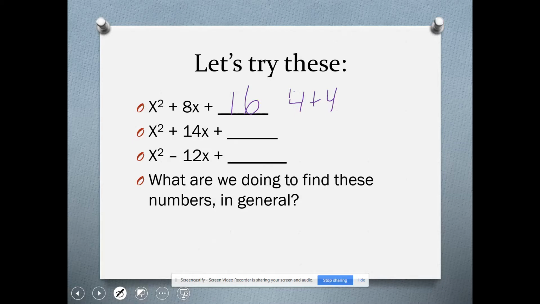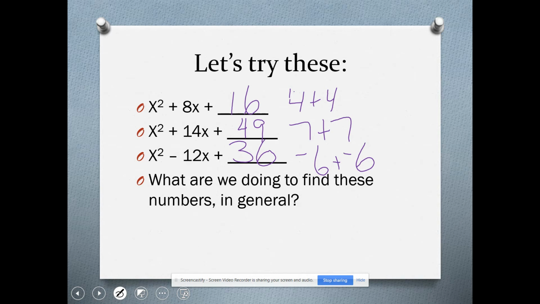What about two identical numbers that will add to the 14? Well, I think 7 plus 7 would work. And 7 times 7 is 49. Negative 12. Negative 6 plus negative 6 is negative 12. And negative 6 times negative 6 is positive 36.